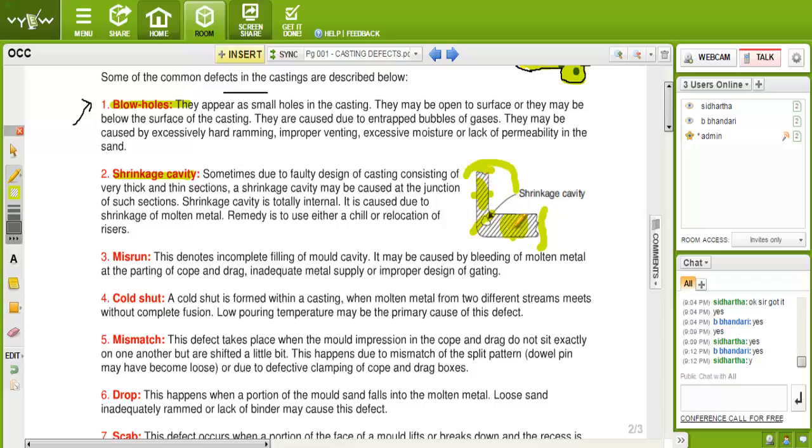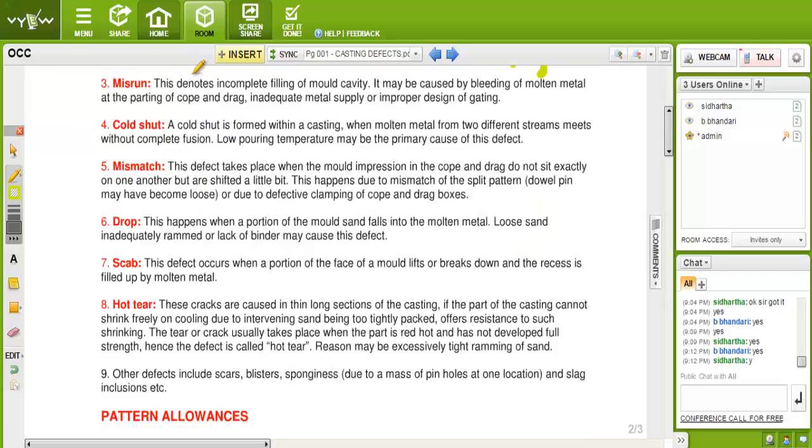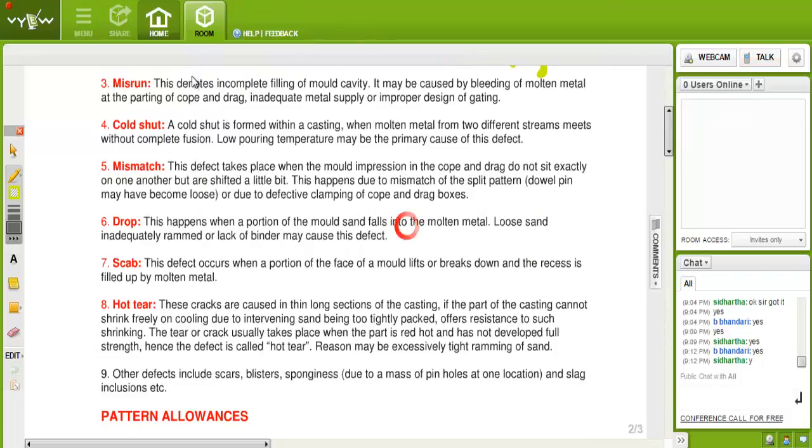So here the shrinkage is much higher than there. So the shrinkage pressure is different for these two places. So that is why at a junction a hole is created, and these holes are called shrinkage cavities. Is it clear? Misrun. What is a misrun? This denotes incomplete filling of the mold cavity.